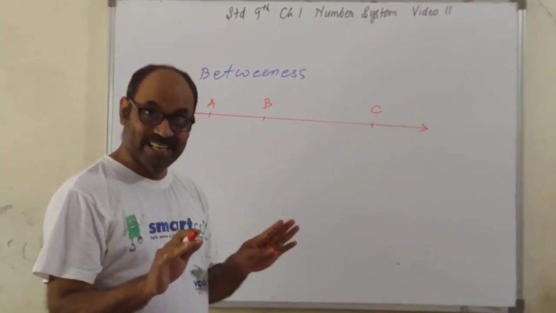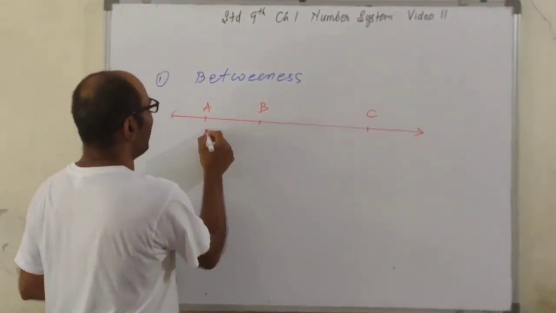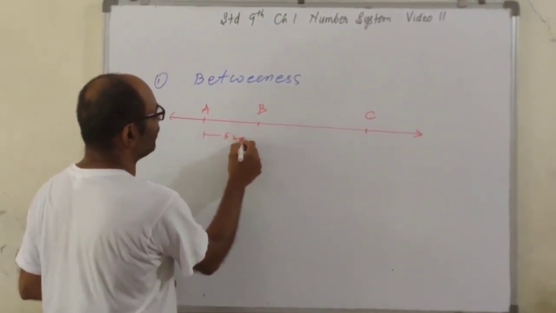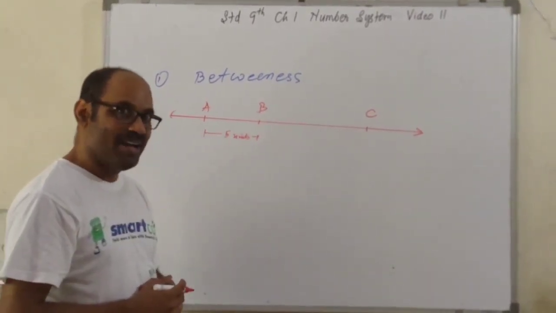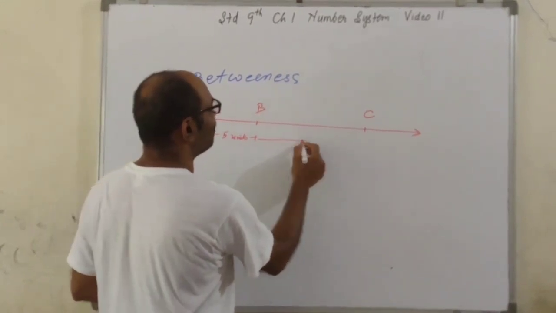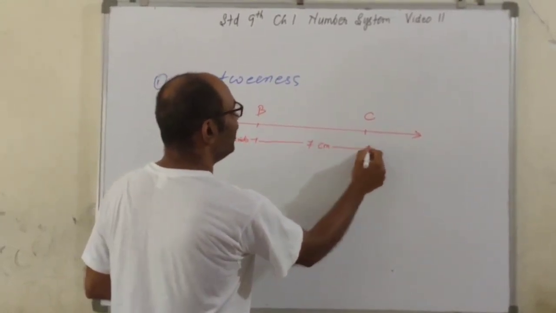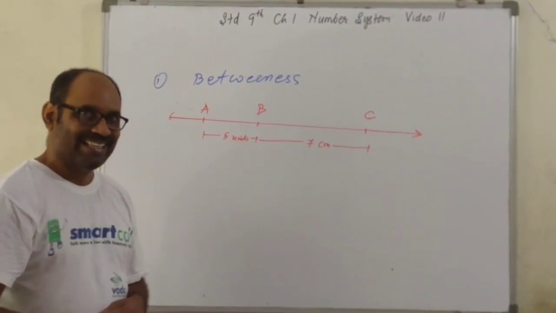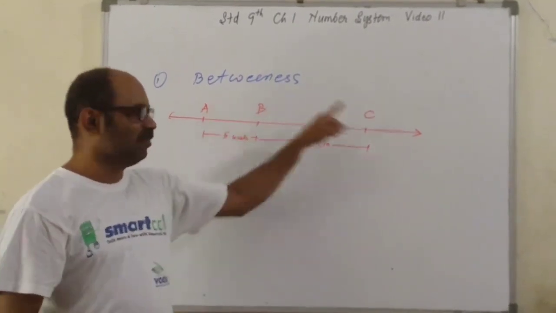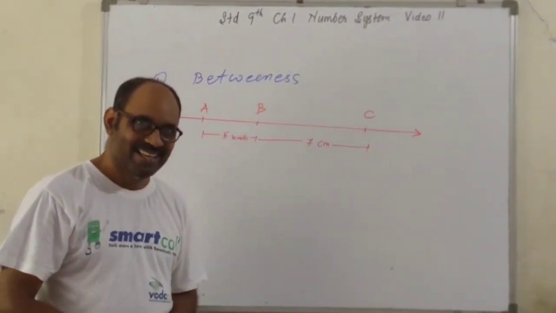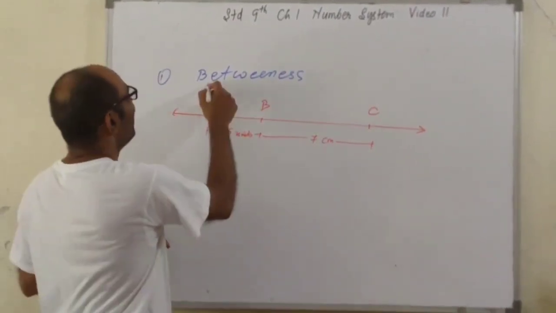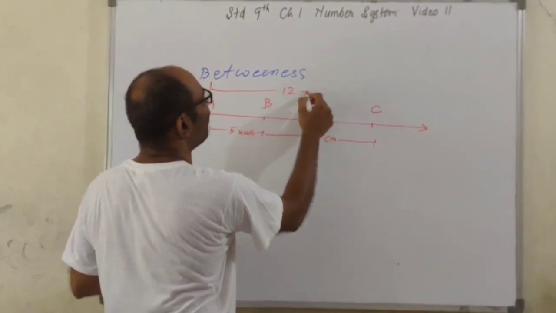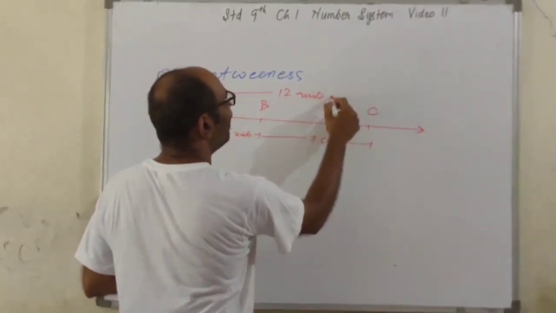Very simple, isn't it? Suppose AB is 5 units. The distance between the 2 points A and B is 5 units. And the distance between B and C is 7 units. Can you guess what is the distance between A and C? Correct, 5 plus 7. So AC is going to be 12 units.